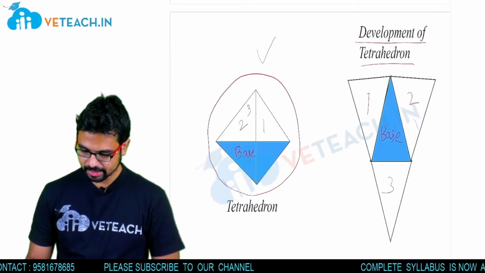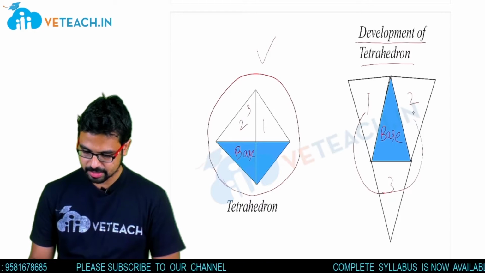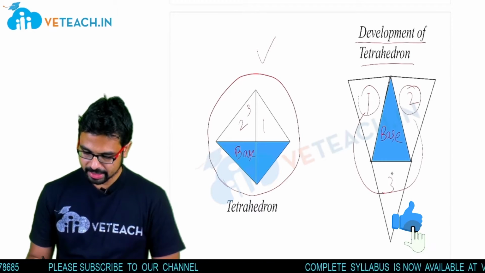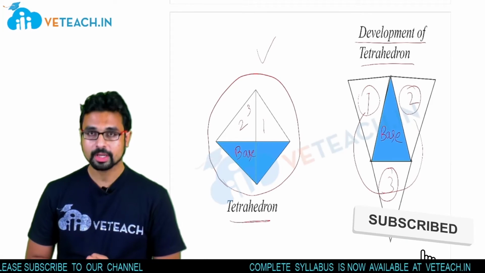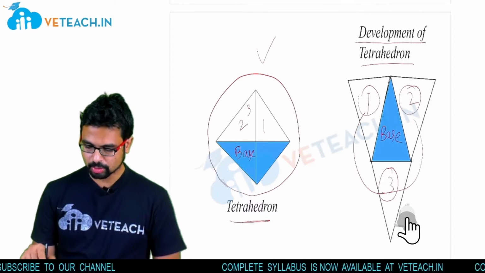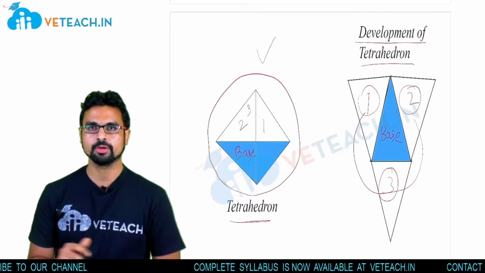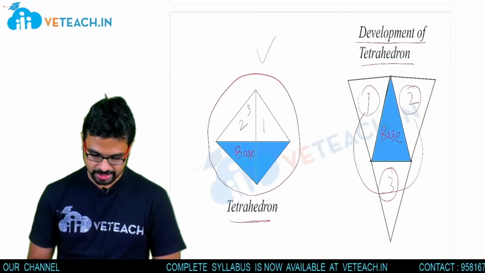So these 3 are the faces of the tetrahedron. The total area is nothing but the development of the lateral surface of this tetrahedron.